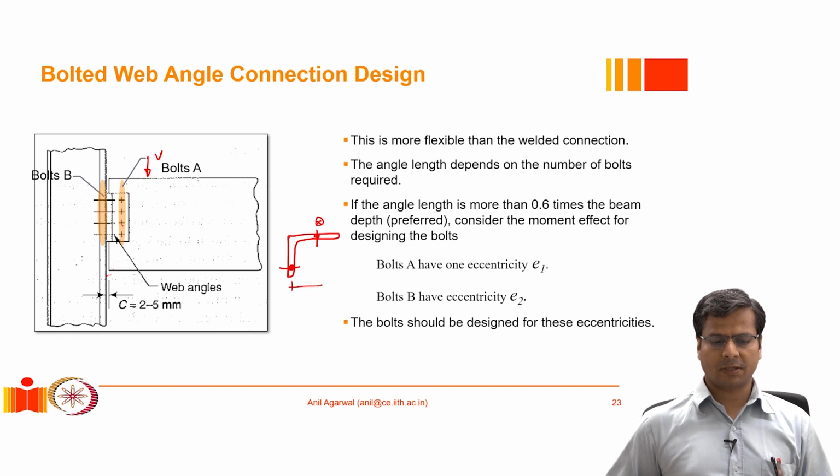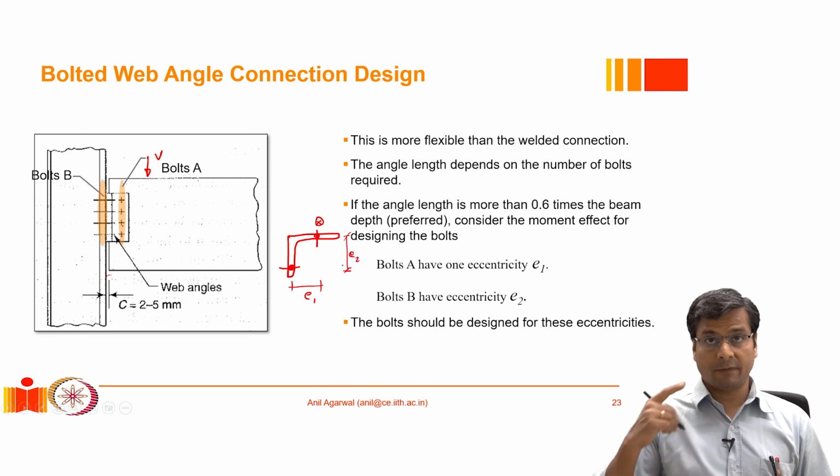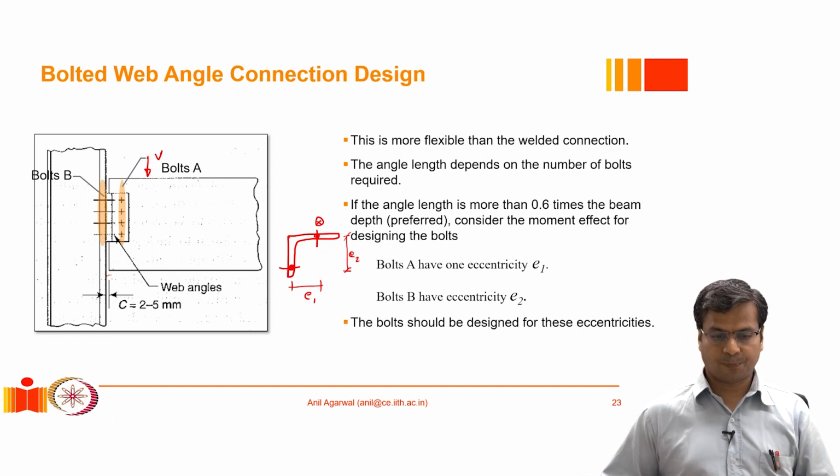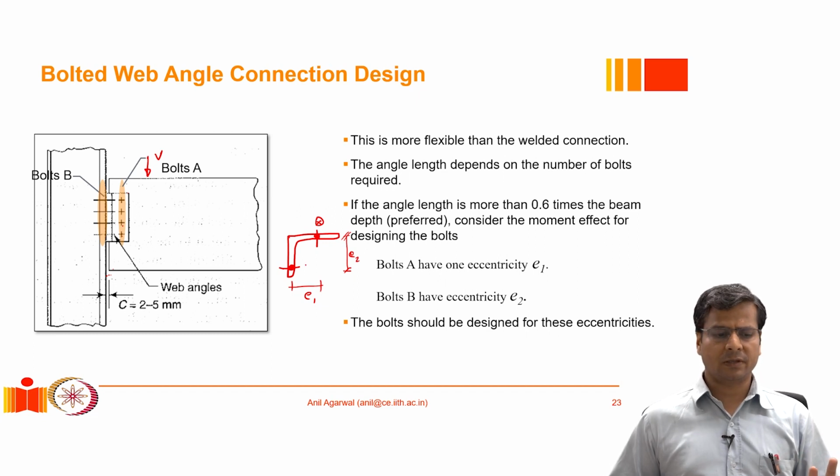So there is an eccentricity effect here, and this eccentricity can again give rise to a moment demand, not only in the angle, but also for these individual bolts. To be on the conservative side, it is okay to design it for this eccentricity. But again, if the eccentricity is within 50 to 75 millimeters, we can ignore it.